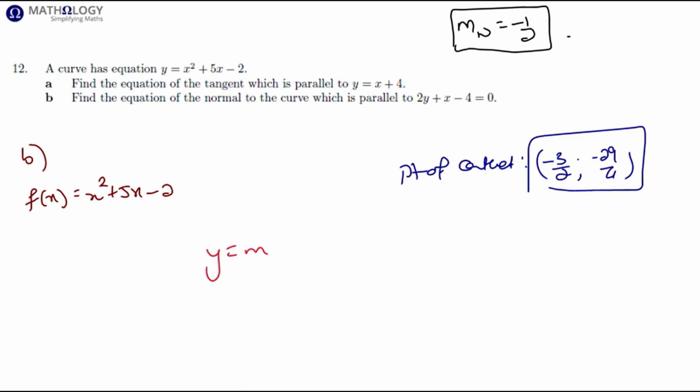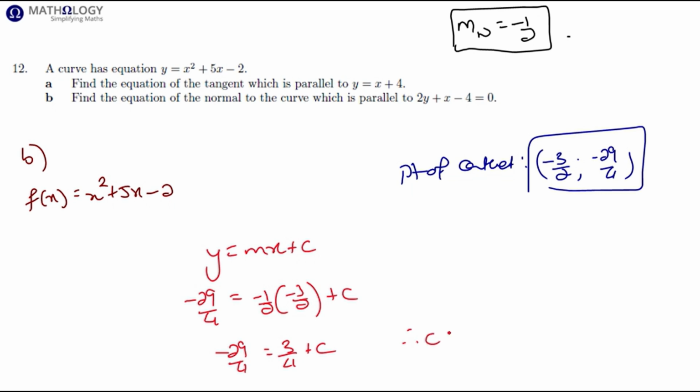So y equals mx plus c: minus 29 over 4 equals the gradient of the normal, minus a half, times minus 3 over 2 plus c. Minus 29 over 4 equals 3 over 4 plus c. c is going to be minus 32 over 4, which is minus 8. So y equals minus a half x minus 8, or a better form would be 2y equals minus x minus 16.